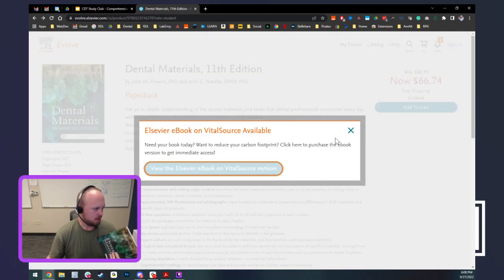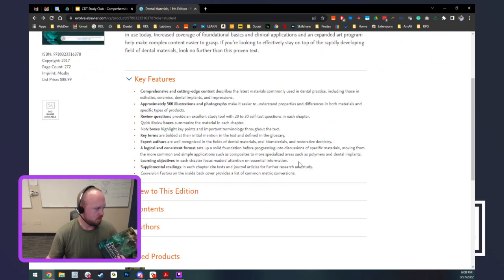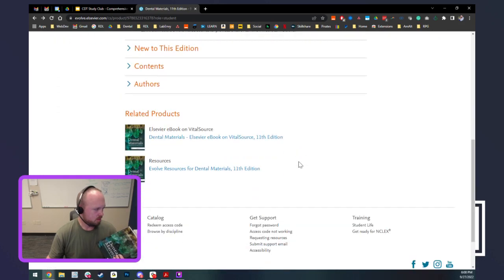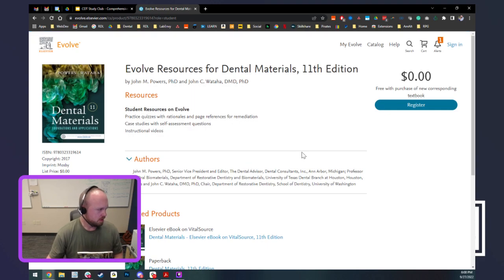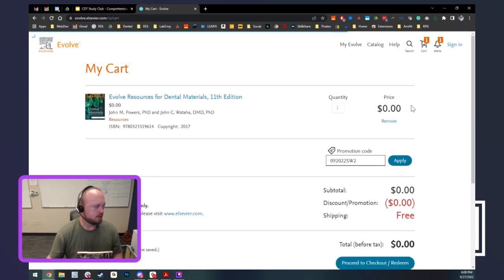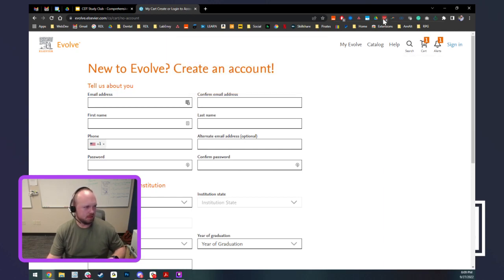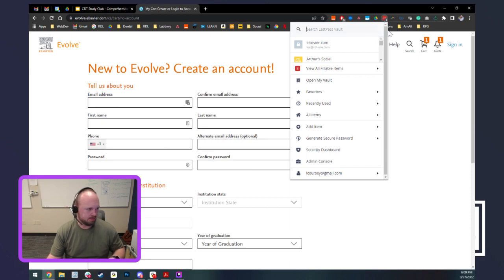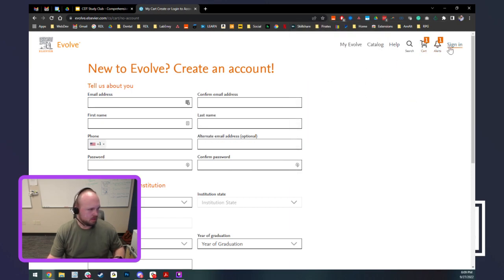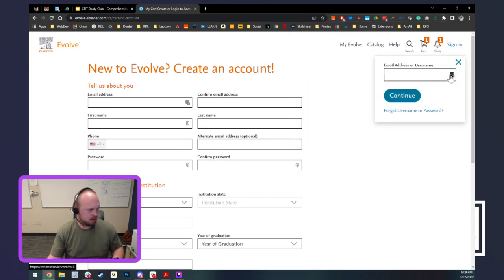No, I want to know resources. Register. Free. No. I bet I do have an Elsevier account. Do I have an Elsevier account? I do. So I want to sign in.